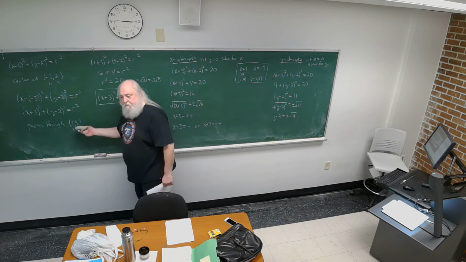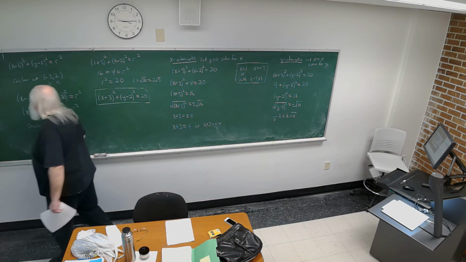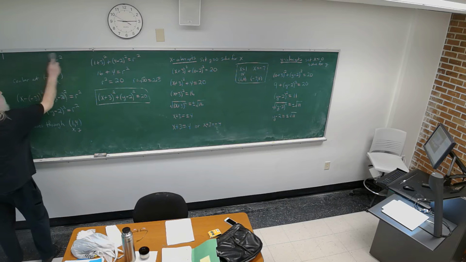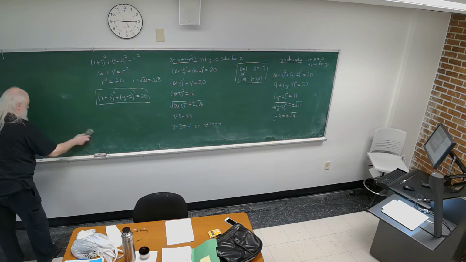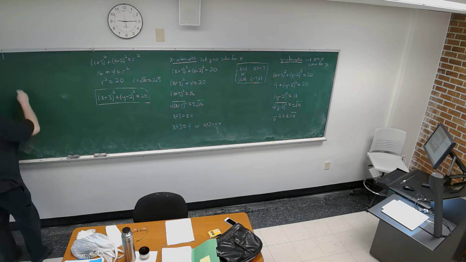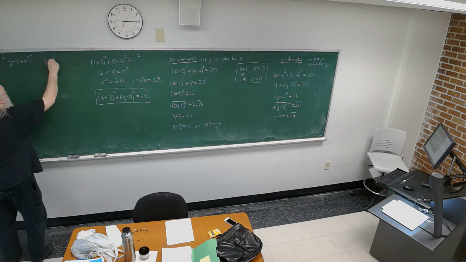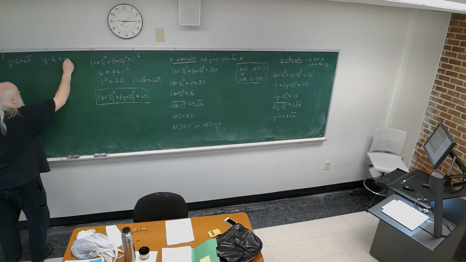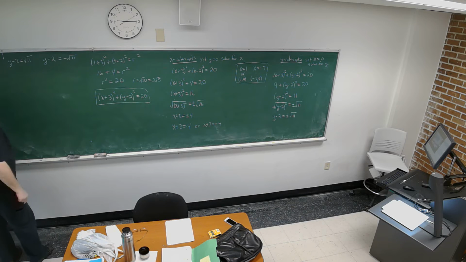Let me erase this. So using the plus sign first, y minus 2 is equal to plus square root 11. And using the minus sign, we have y minus 2 is equal to minus square root 11.